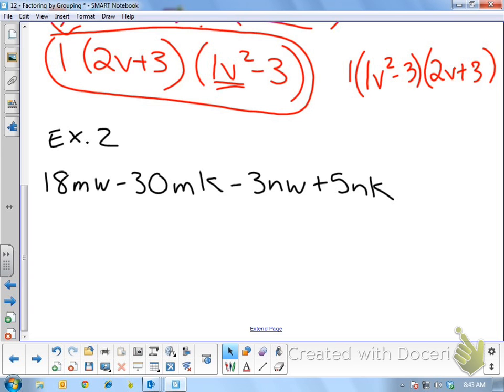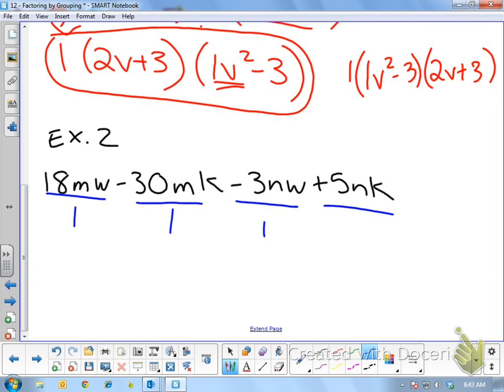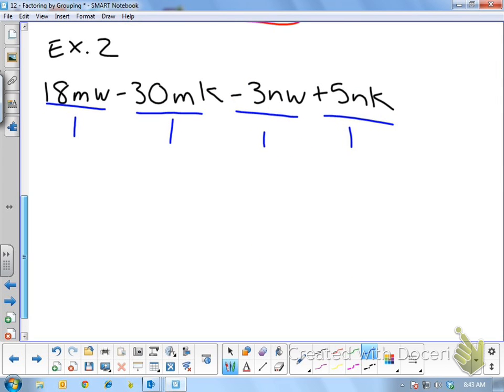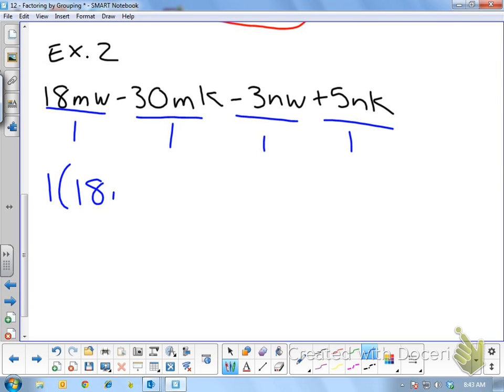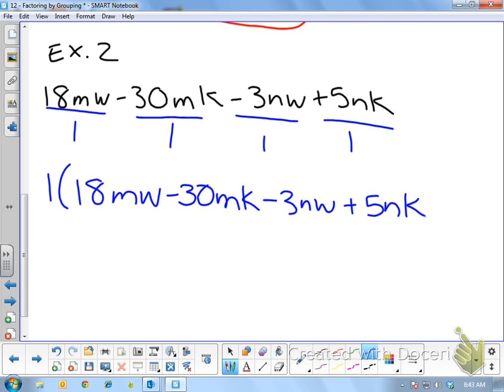Okay, so we start with our first step. Always greatest common factor everything. What divides into every single number? 1. So we have a 1 that divided into everything. Again, when it's a 1, we technically don't have to write it on this first step, but if you're consistent every time and do it the same way every time, you're more likely to do things correctly.